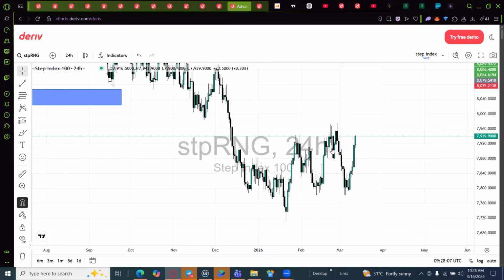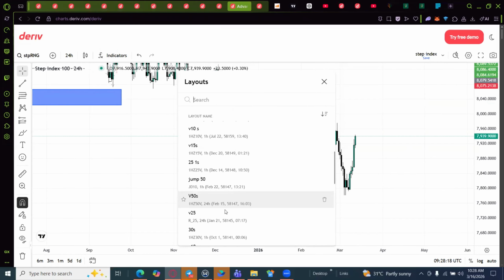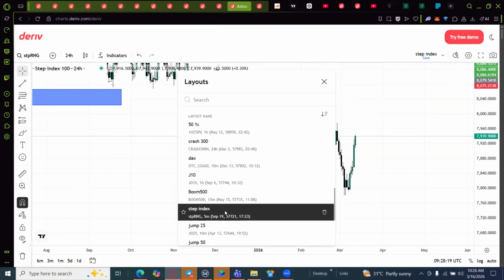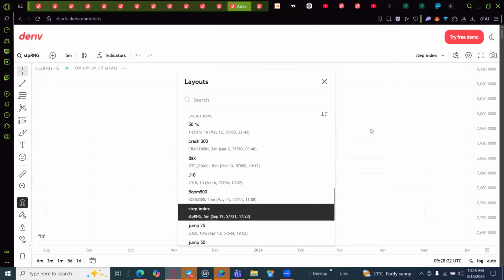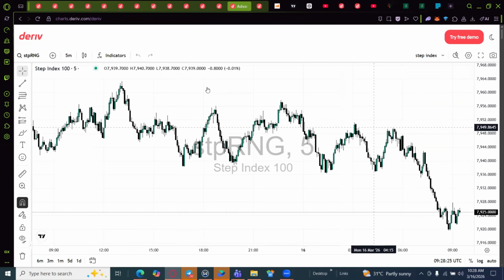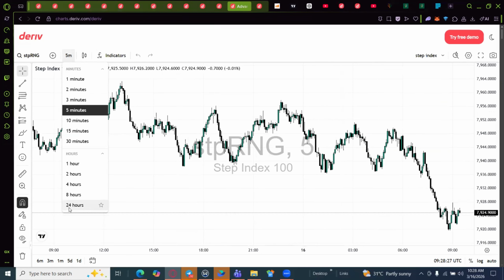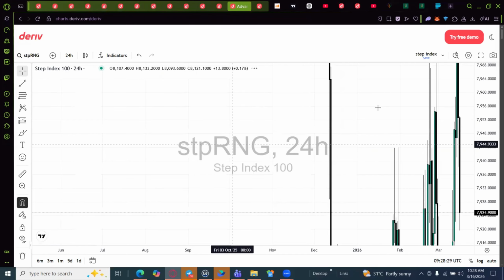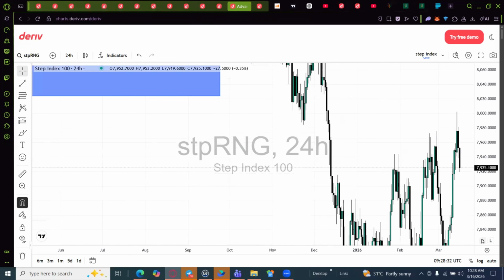What's this? Step index. This should be Step 1. Let's look at what we have. On our daily time frame, what do we have?